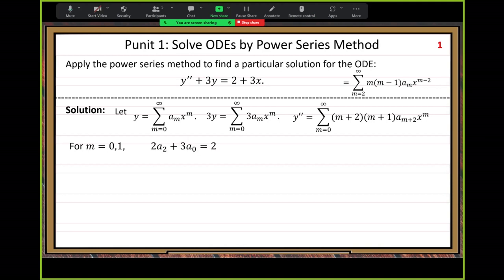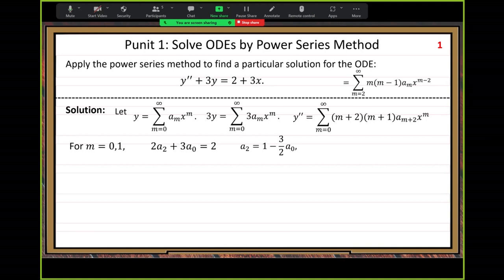When m equals 0, from y double prime, that's 2a2. You plug in 0, 2a2. So then here, 3y, so 3a0 equals 2. Okay? Equals the first right-hand side term, 2. All right. So then you find a2 expression in terms of a0.